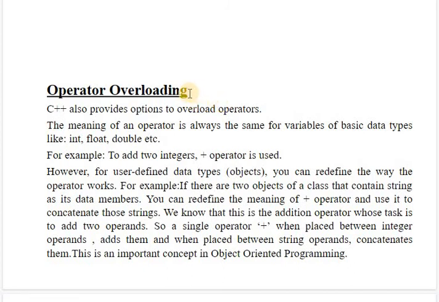These operators are by default overloaded, or we can say that I can write the statement a plus b directly. Here a plus b can be of integer type, float type or char type, and with these data types the plus operator is by default overloaded. It means that I need not write extra functionality to implement this expression.